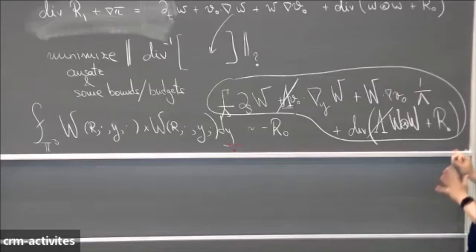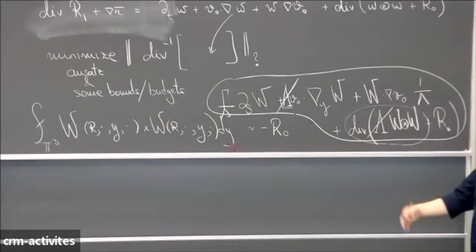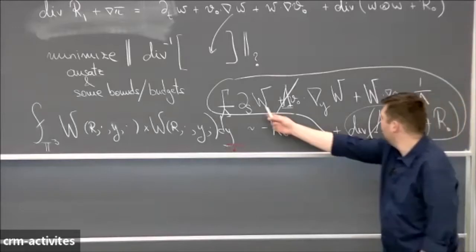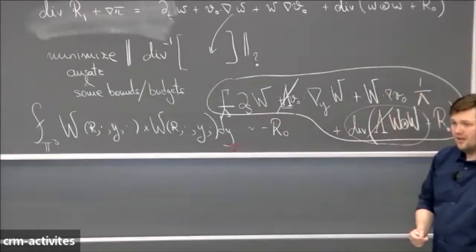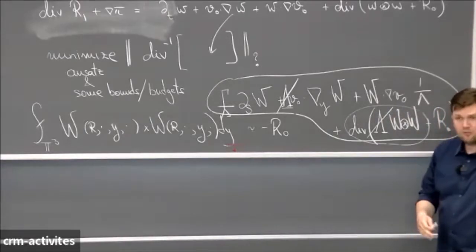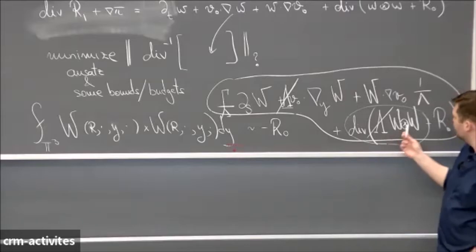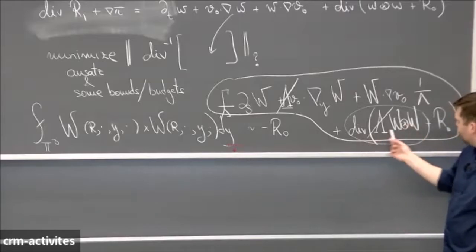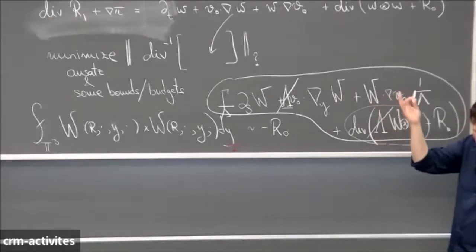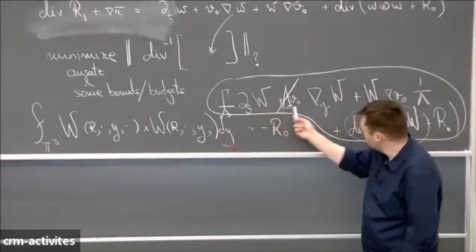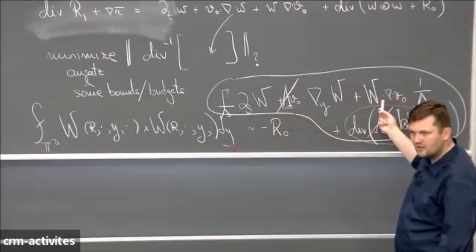But let's stare at this term just for a bit longer, hoping that you're going to make it small, maybe combined with these other ones. So the only way that you can do that is that with respect to this quote-unquote fast variable, this master function essentially solves the equation divergence of W tensor W plus some pressure gradient is 0. And also maybe this transport plus stretching is 0.